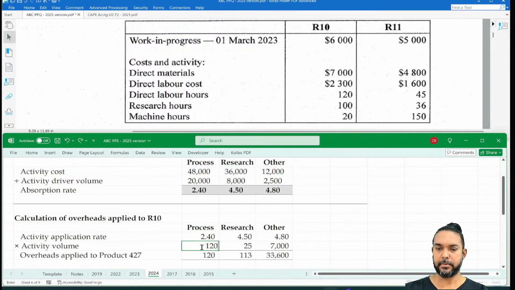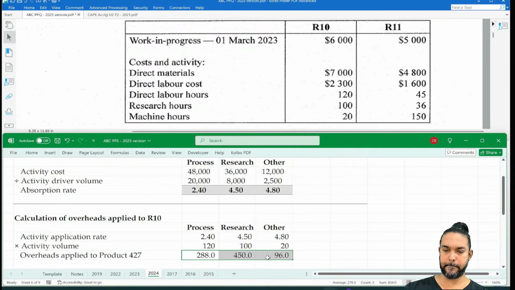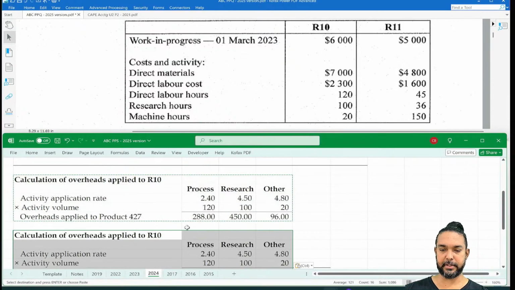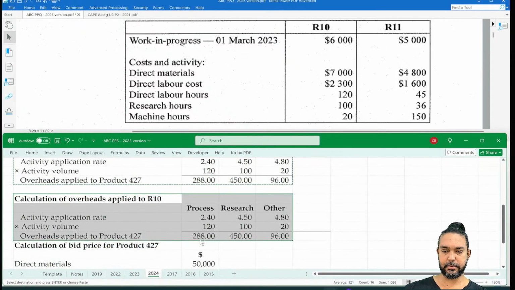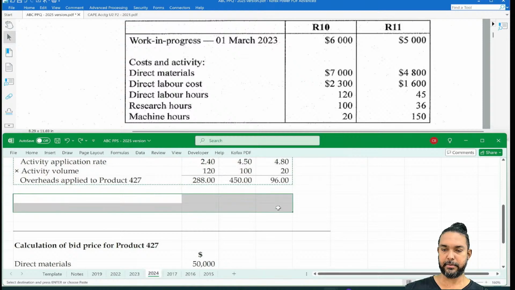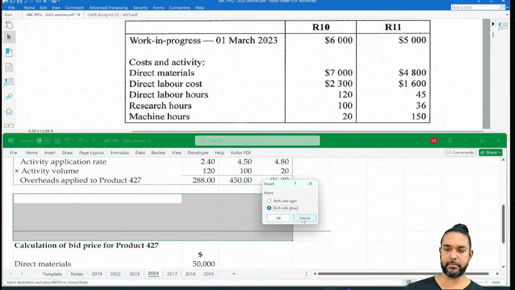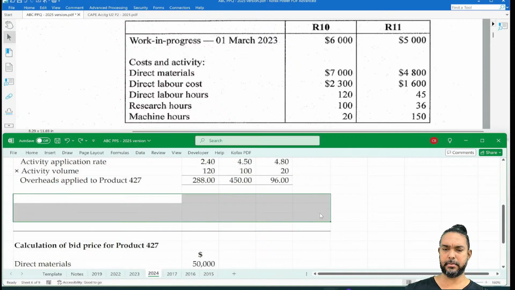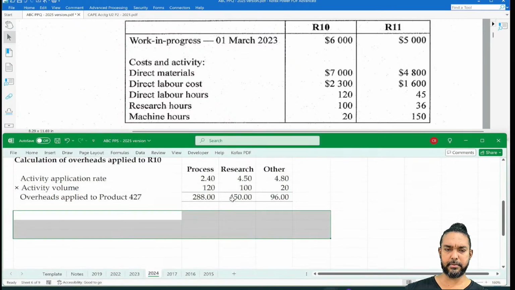So 120, 100, and then 20, right? That's fine. And then calculation of jobs, things apply to that. So we got that, right? So better shift that down a little bit more. Whoa, how do you keep doing that? I don't understand. Right, okay, let's try that again now.